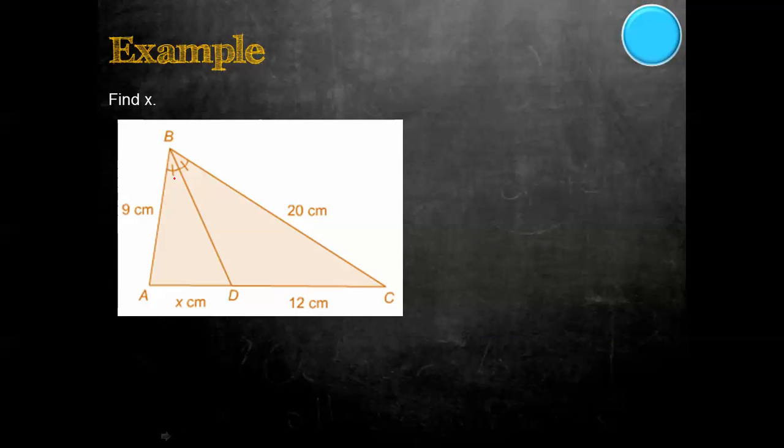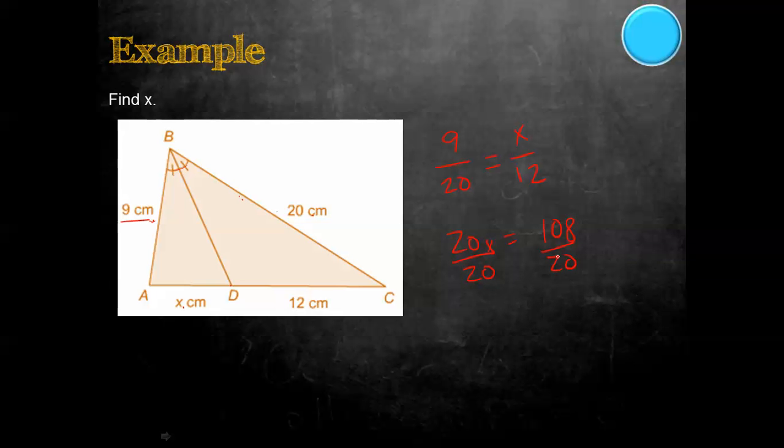So here's an example, right? Here I have an angle bisector, okay? So what I know is that 9 over 20, the top two lines right here, can equal x over 12. Okay, so now I'm going to take 20 times x, which is 20x, and then 9 times 12, which is 108.